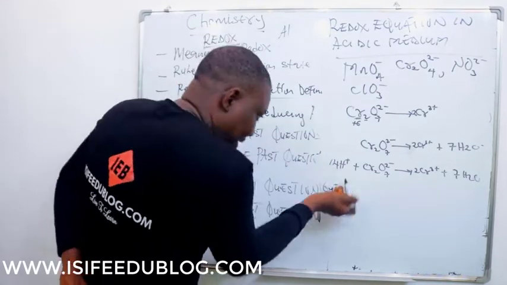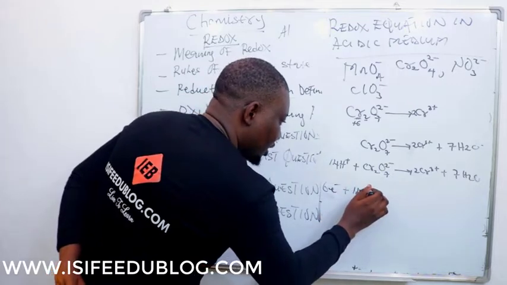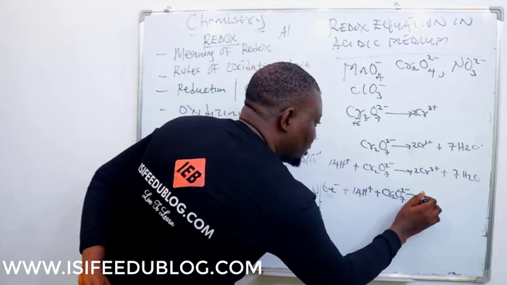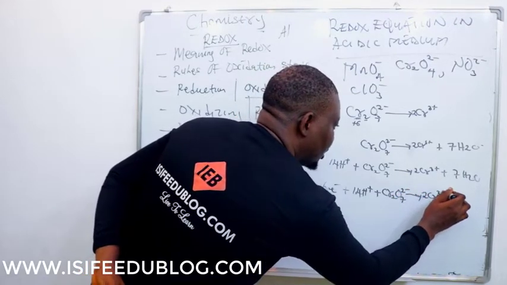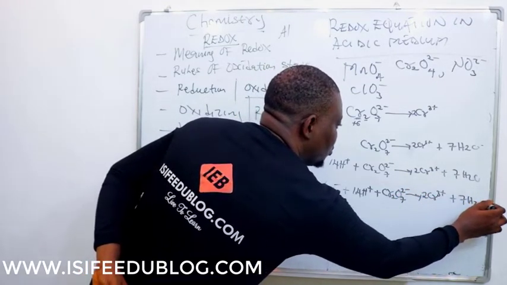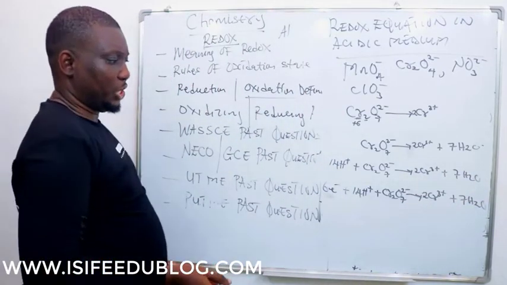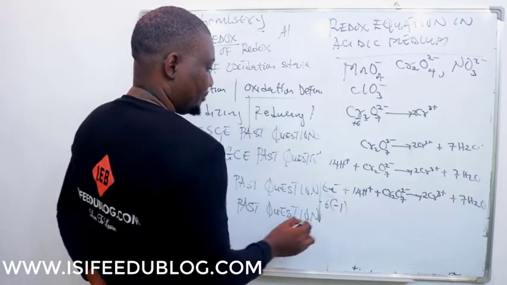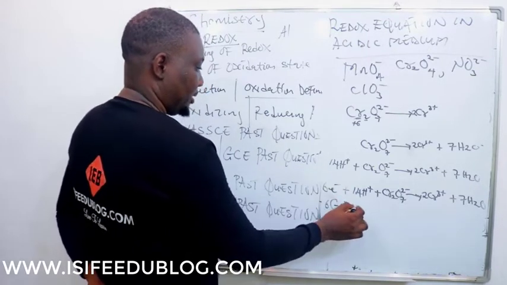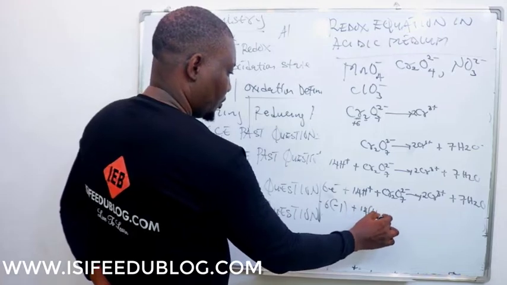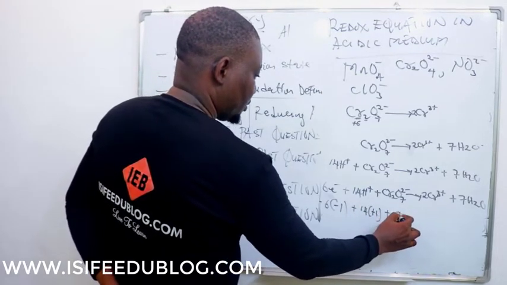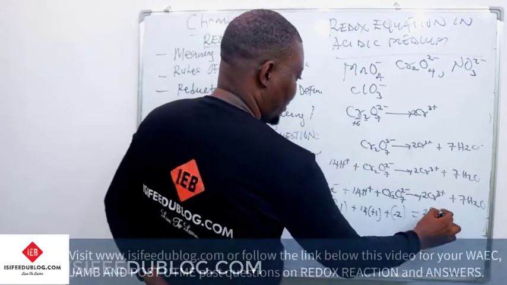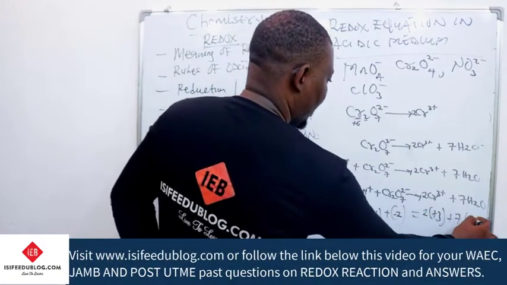So I'm going to write this here as 6e minus plus 14H plus plus Cr2O7 2 minus, and what goes here? 2Cr3 plus 7H2O. Let's see if the equation is balanced on both sides. Here I have 6 times minus 1 plus 14 times plus 1 plus minus 2 is equal to, on the other side, 2 multiplied by plus 3 plus 7 multiplied by 0.